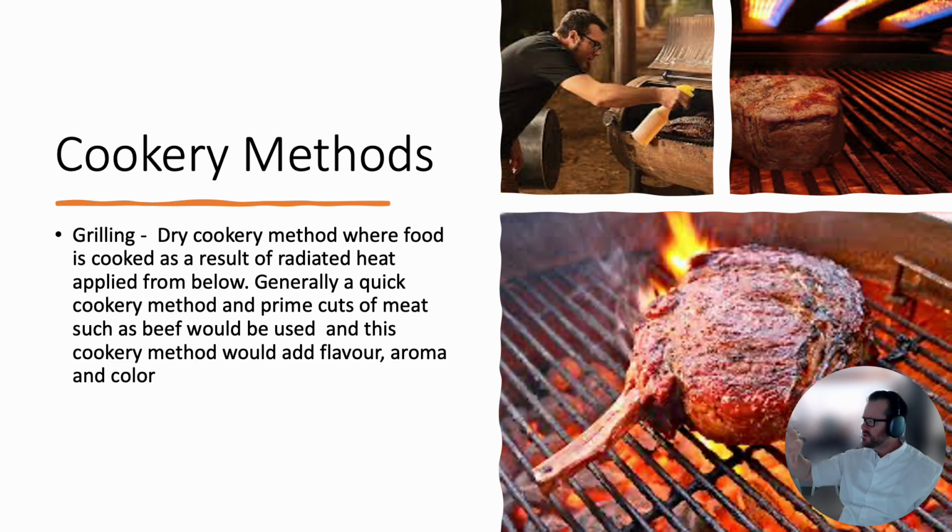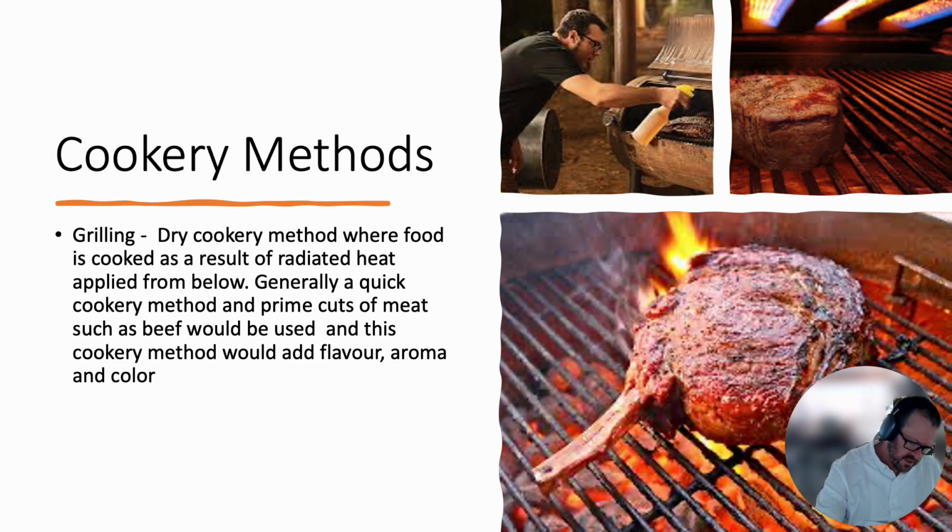The difference between that and an oven is that in an oven we're talking about convection heat, where the heat is all around, whereas with grilling we're talking about bottom up heat. It's generally a quick cookery method, and used for prime cuts.